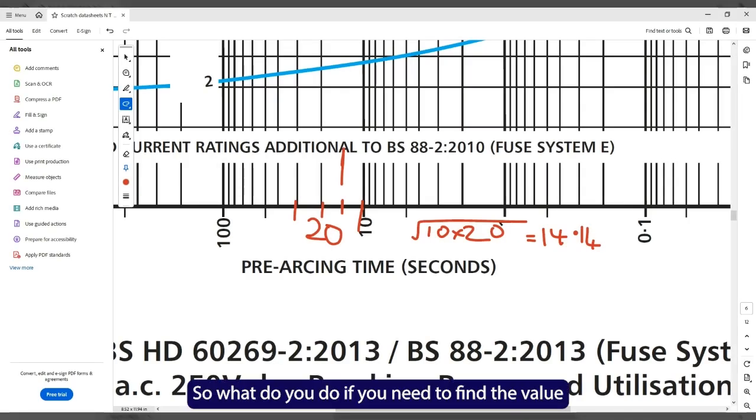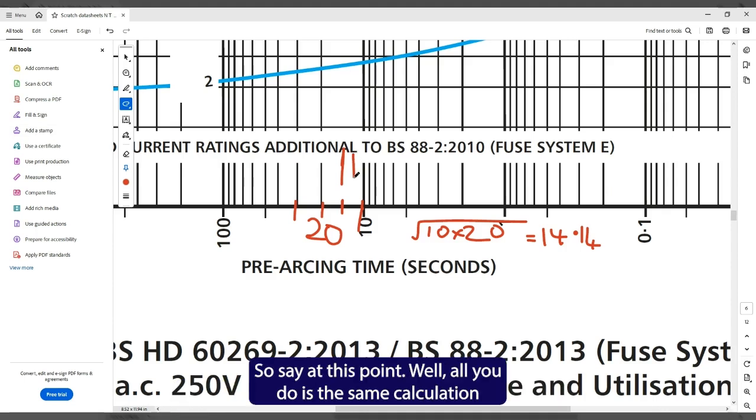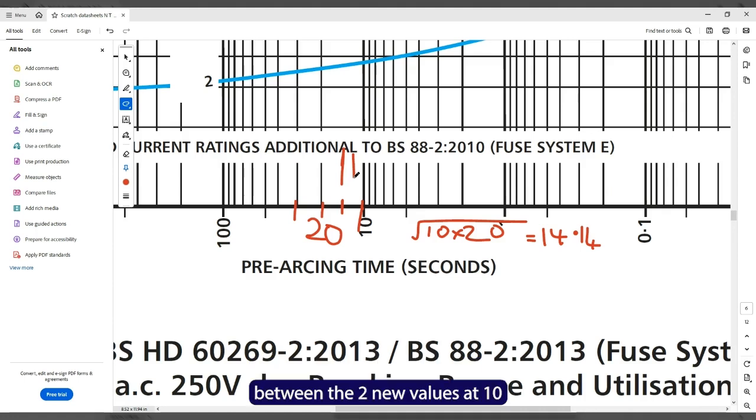So what do you do if you need to find the value, say, a quarter of a way along the scale between two ticks? So say at this point, well, all you do is the same calculation between the two new values, the 10 and the new value of 14.14. So 10 times 14.14 is 141.4.